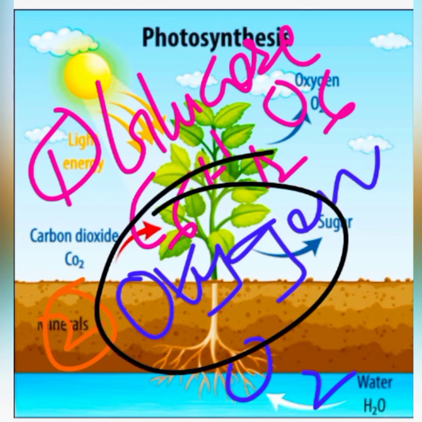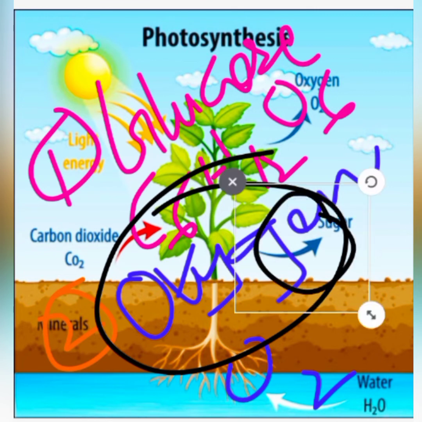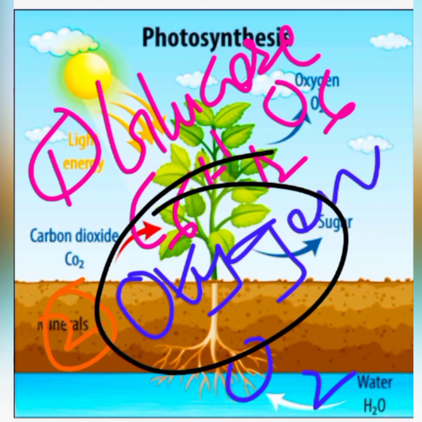Let's talk about glucose first. It is the simple sugar. It is utilized by the plants immediately after formation. The extra glucose is converted into starch and sucrose. These are either stored or utilized for the synthesis of proteins and fats.